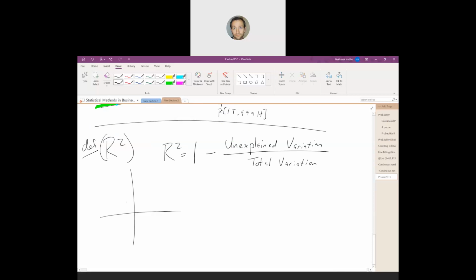I'll do two examples. This and this. Okay, so here on the left, and we'll pick up here again from the next class, but just very quickly, this on the left should show you that there's no relationship between x and y.